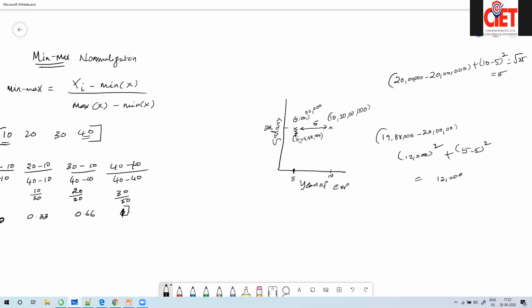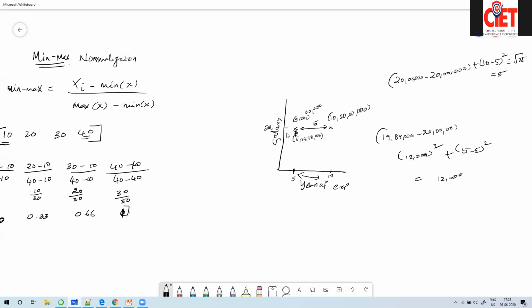Pictorially, if you see, these two observations are very close to each other, compared to this. For this it says the distance is 5, for this it says the distance is almost 12,000. The reason is years of experience is on a small scale, so this equation gives negligible importance to the difference in years of experience, but very high importance to salary because that's on a bigger scale.